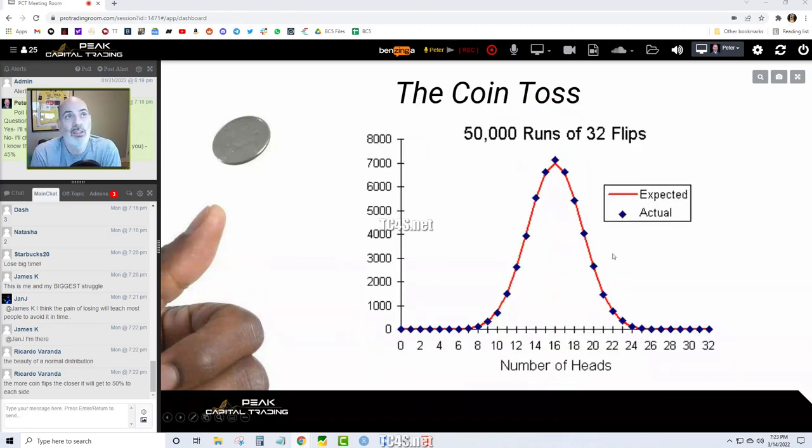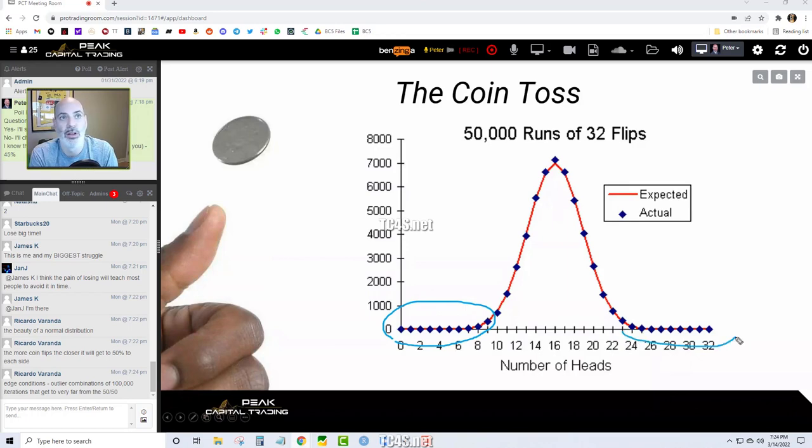Well, let me just do 32 flips, because we can think of 32 trades, right? I'm going to run my 32 flips in this case. Heads or tails, my only options here. I'm going to run it 50,000 times. And look what the distribution is. Once again, you get a big distribution towards these edge conditions.